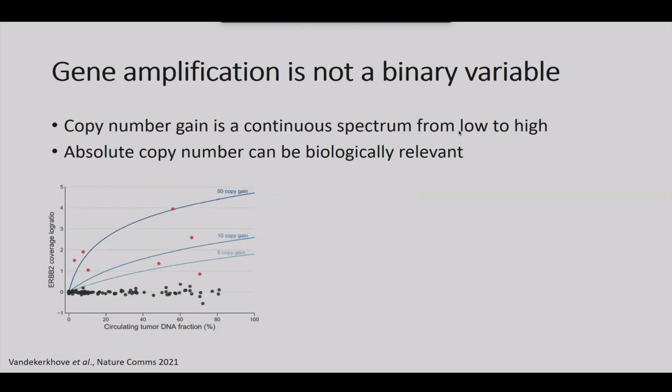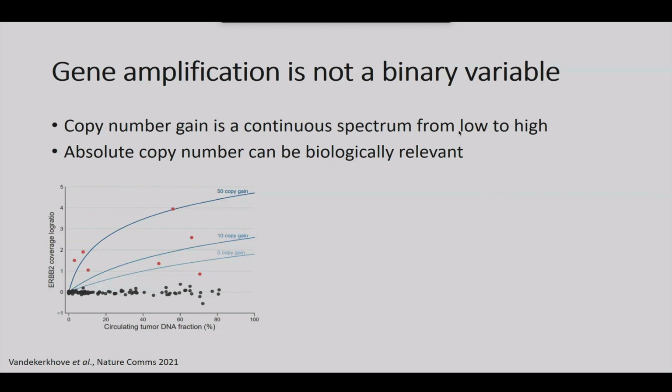The other interesting caveat to think about is that everything we do is operating in a gray zone. There aren't always binary decisions we can make with regards to biomarker status. You often hear about HER2 amplification, AR amplification, EGFR amplification, but this is actually a continuous spectrum from low to high. We're looking here at some of our data showing the different copy number levels of HER2 in patients with bladder cancer.